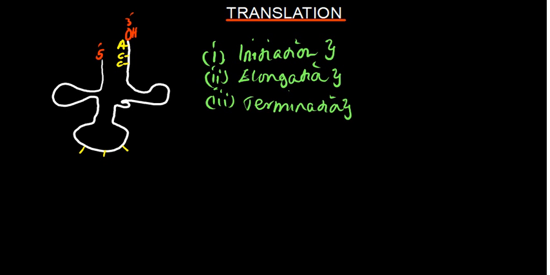These are the three stages into which the process of translation is divided. So we want to understand what happens during initiation, then what happens during elongation, then what ends the process, which will be termination. As I've already mentioned, a lot of activities will take place during initiation, and this is what we want to look at.